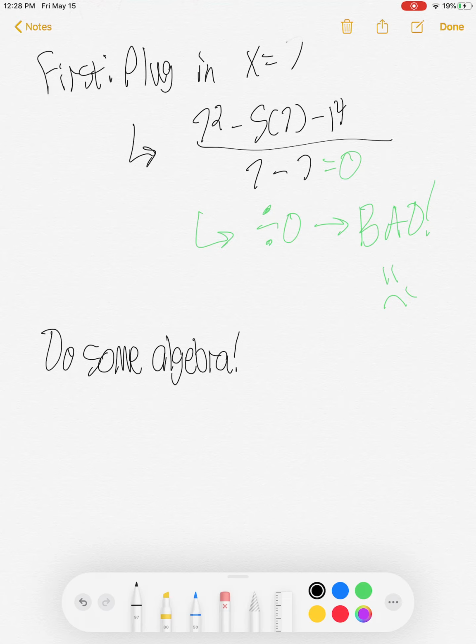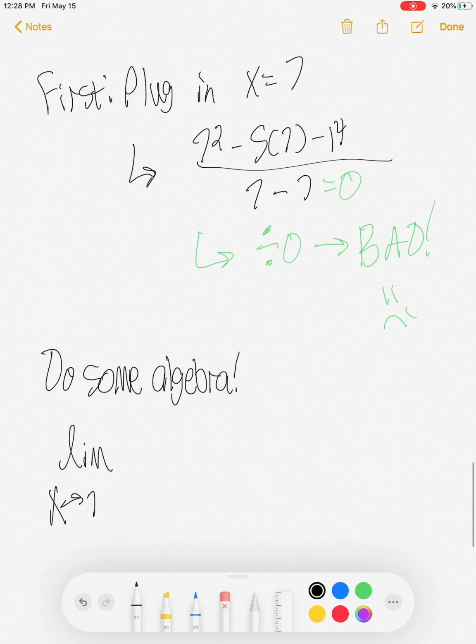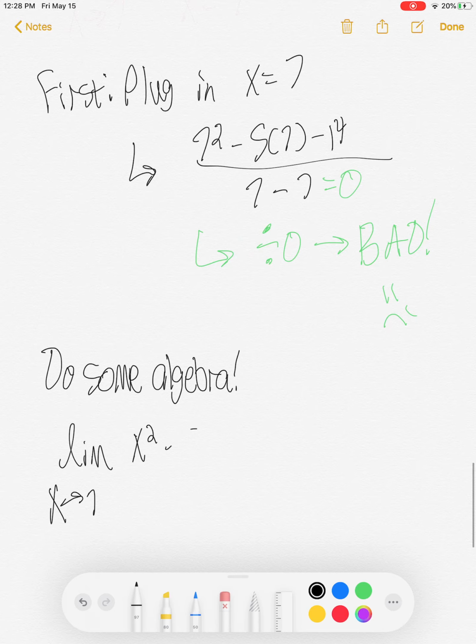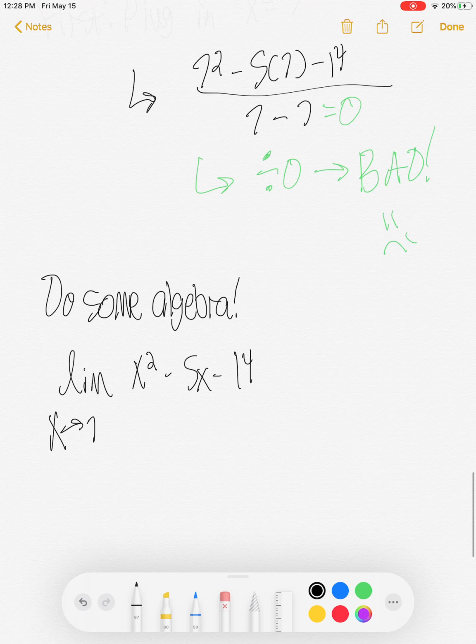Okay? In this case, we have the limit as x approaches 7 of our numerator, x squared minus 5x minus 14, over x minus 7. And let me use this opportunity to emphasize what I was saying before.